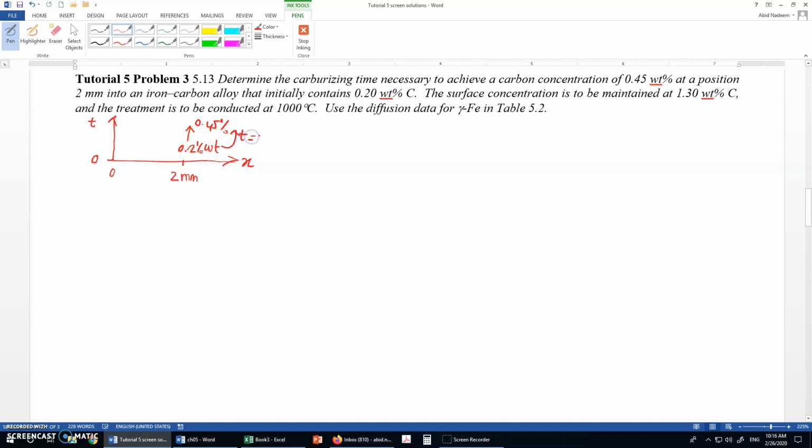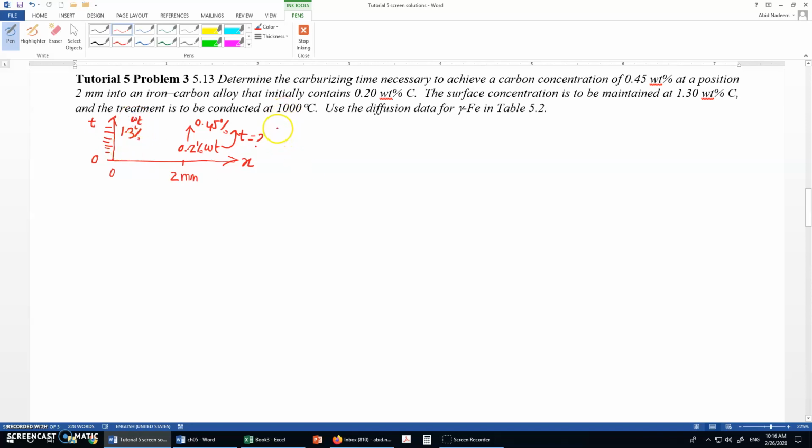So this time we need to find, and the condition is that the surface concentration is maintained at 1.3%, whether it is at time 0 or at time t. So this is the approximate scenario in this case.